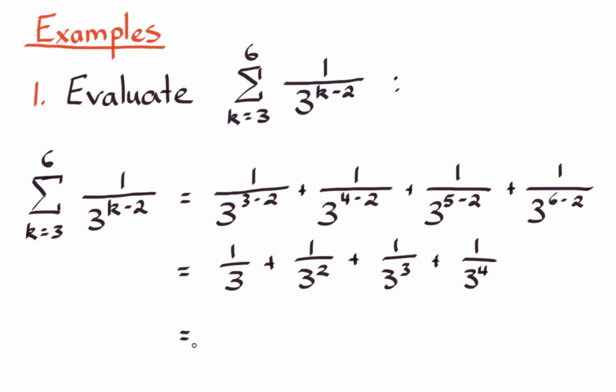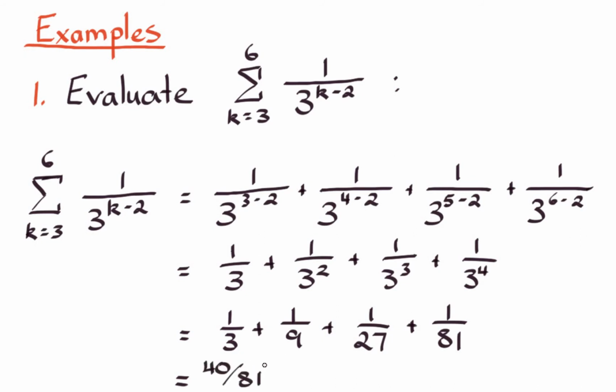Now we're evaluating this expression, so let's evaluate each of these. 1/3 plus 1/9 plus 1/27 plus 1 on 81. Okay, and all we have to do is add these 4 fractions to get our final answer. Use the calculator. 40 over 81 is our final answer.